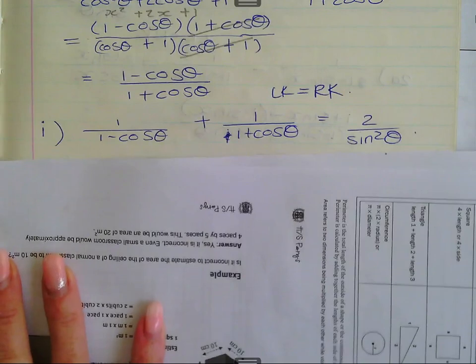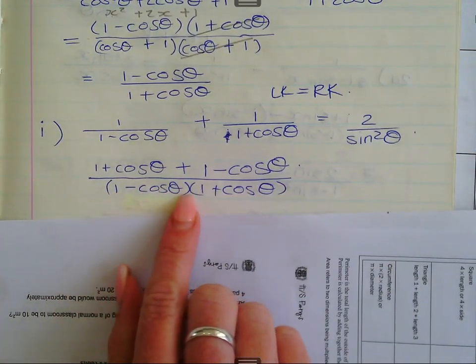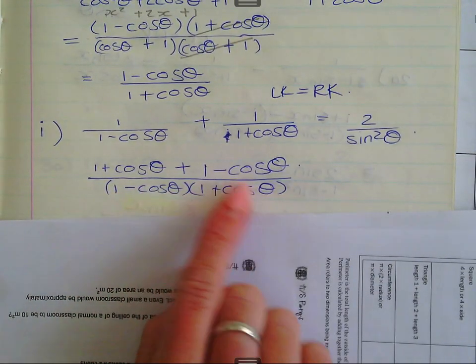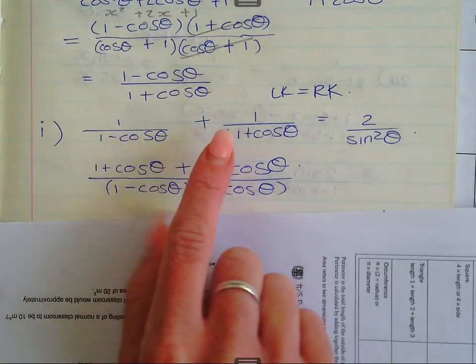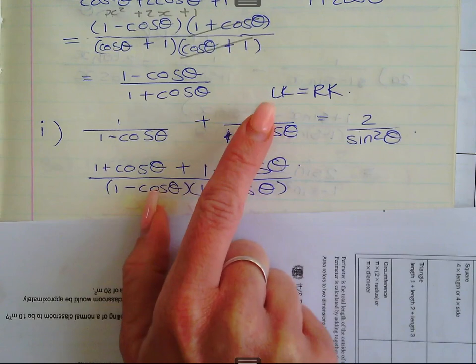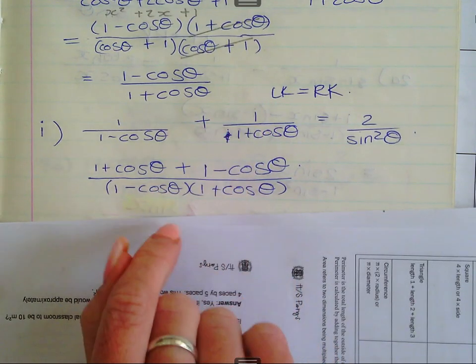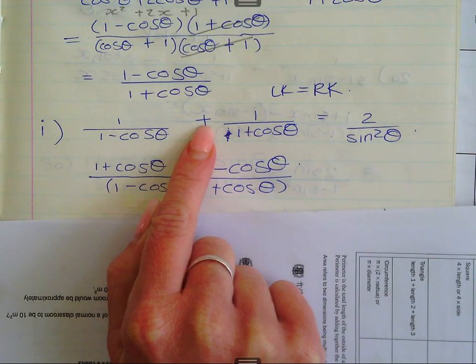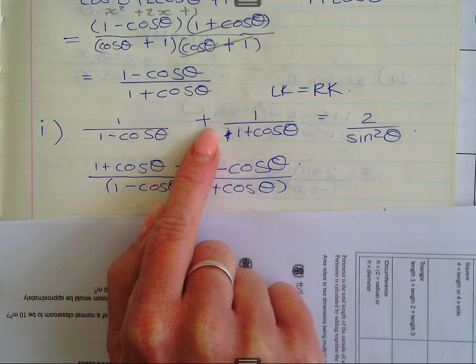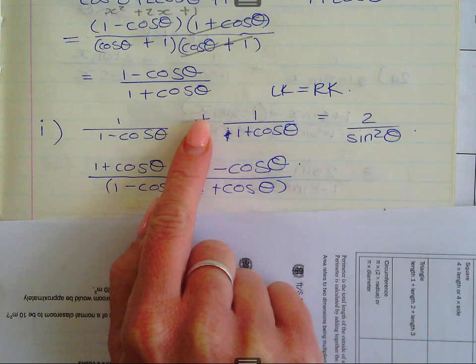Right, so I make the denominator the same, 1 minus cos, 1 plus cos. This one needs a 1 plus cos, so I multiply it at the top. This one needs a 1 minus cos, so I multiply it at the top. Now what made this one very easy is that there is a plus. Now I want to say this when we're going to do the next question.